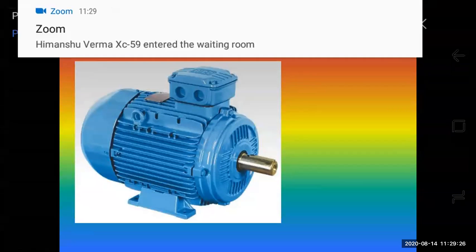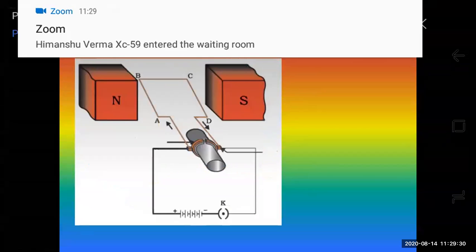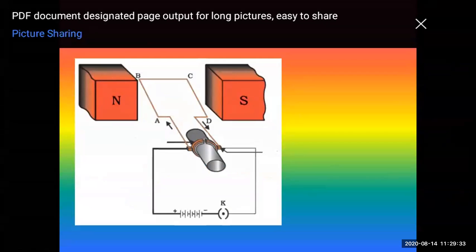Upon rotating this axle, branch AB goes up and branch CD goes down. In this way, the coil ABCD rotates in the clockwise direction.